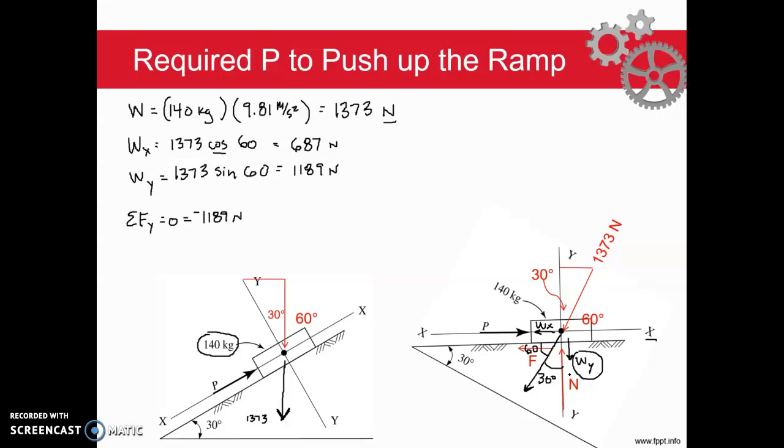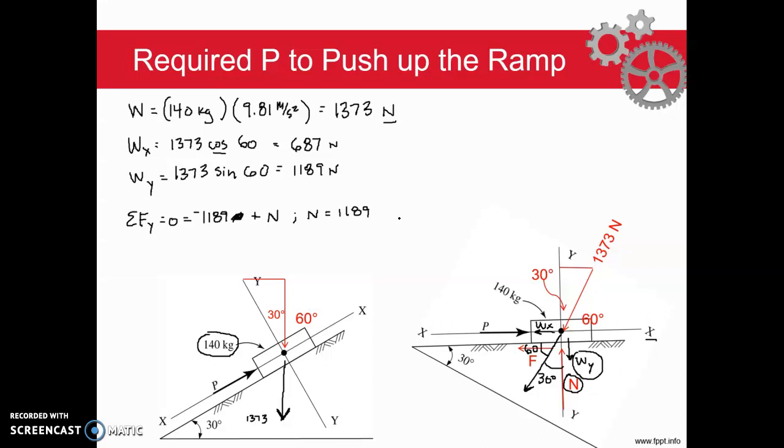Only other thing I have is the normal force, which is going to push up against that force. So maybe I'll just forget about the N for newtons for right now, because I don't want to confuse it with my N for normal force. So N is equal to 1189.